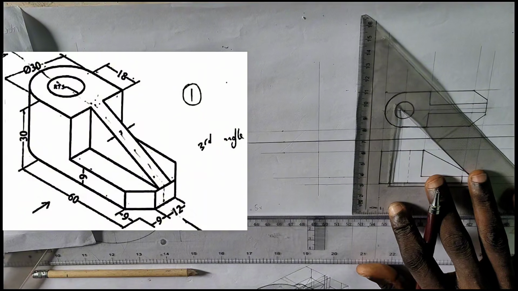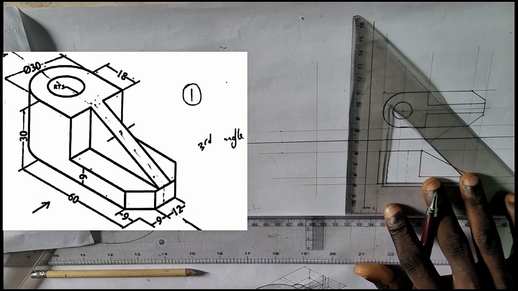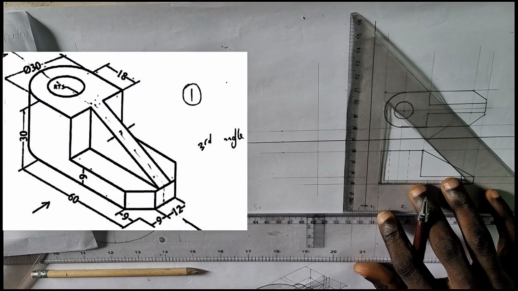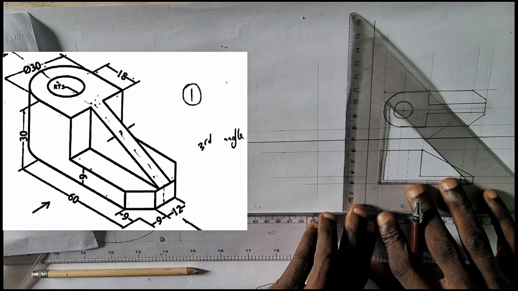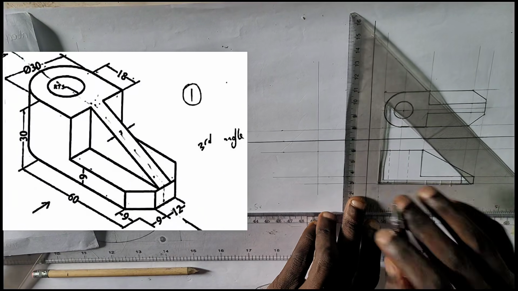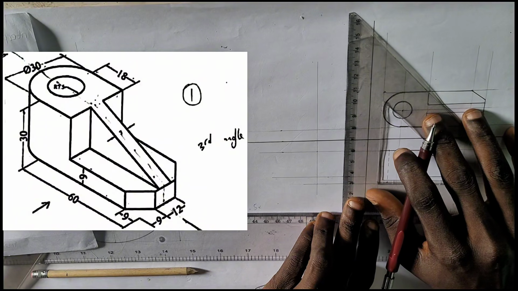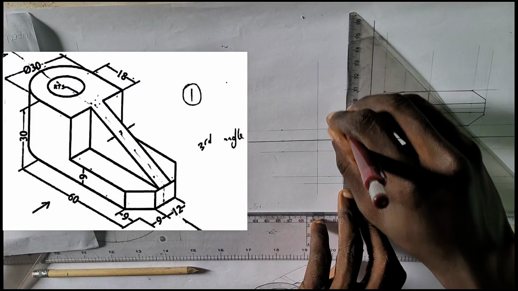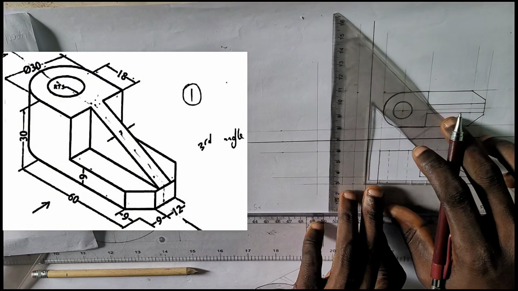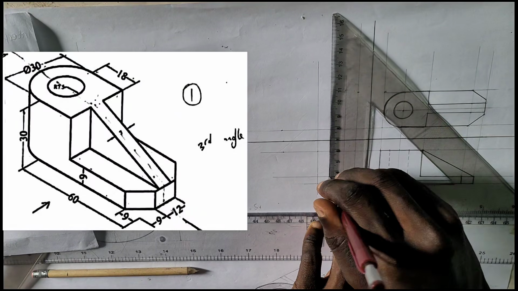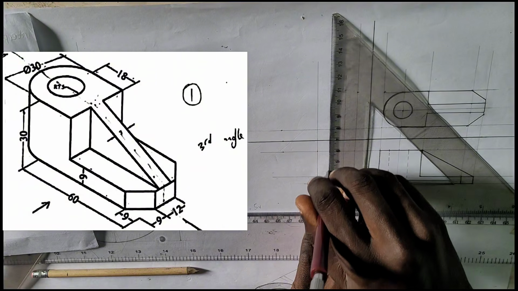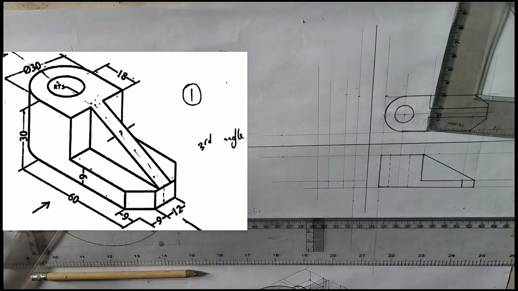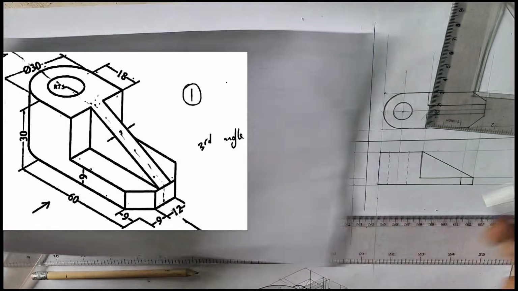First of all, I would like to draw it downward and to the other side. Okay, so let's make it bold.